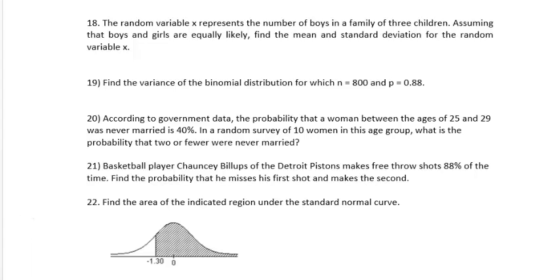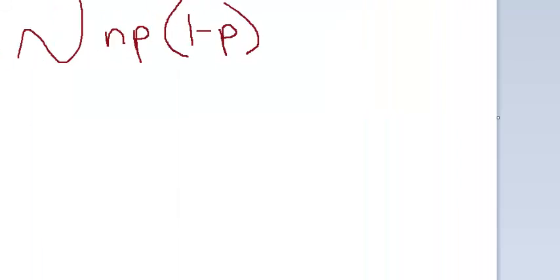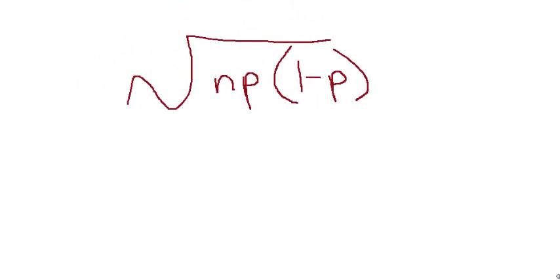For binomial distributions, the formula for determining the standard deviation is to simply take the square root of n, which is the number of events.